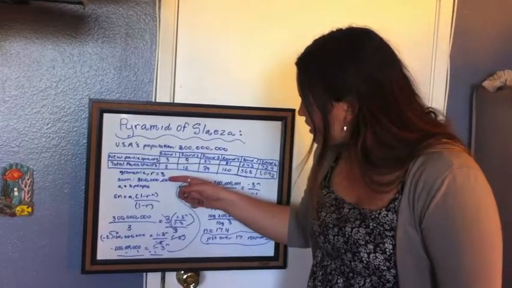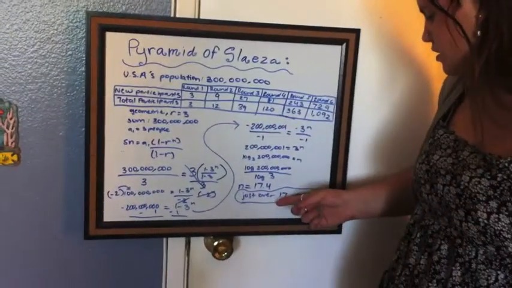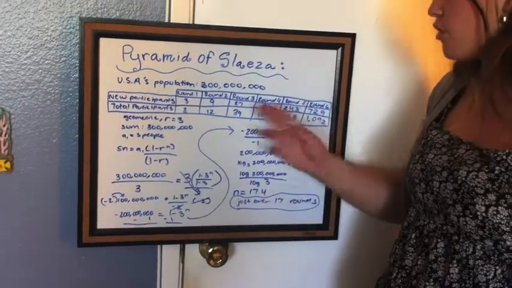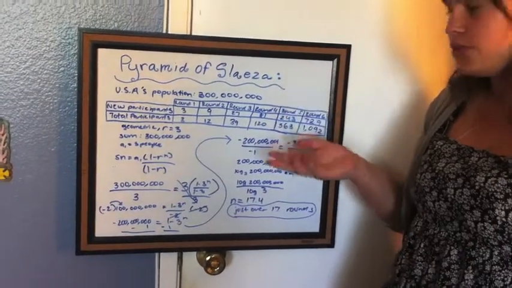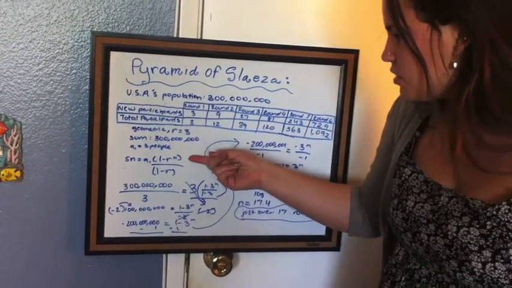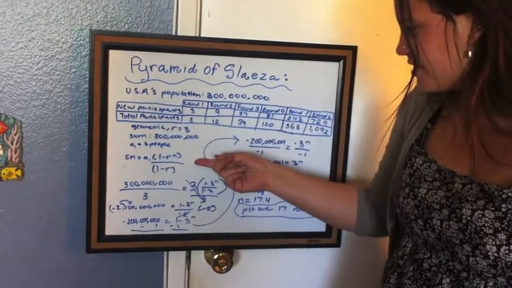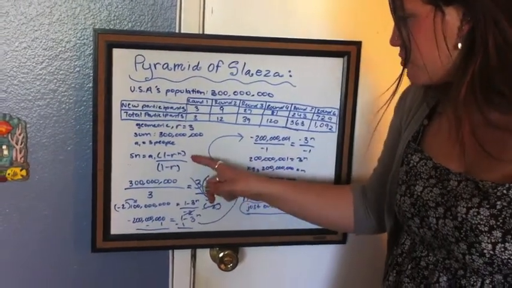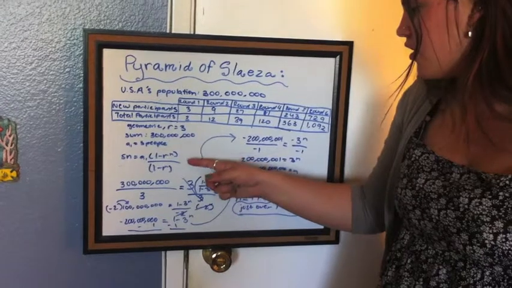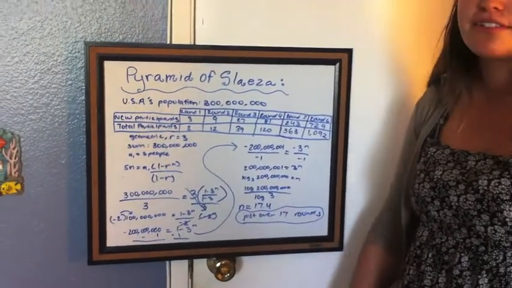So basically you have to find a formula to solve how many rounds it would take for the whole population to be a part of this pyramid scheme. So we'd use the geometric series formula, and you would just plug in your a1, your r, your n, and go through, and it would take just over 17 rounds.